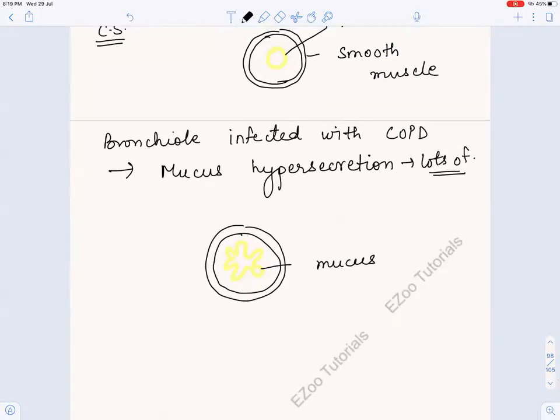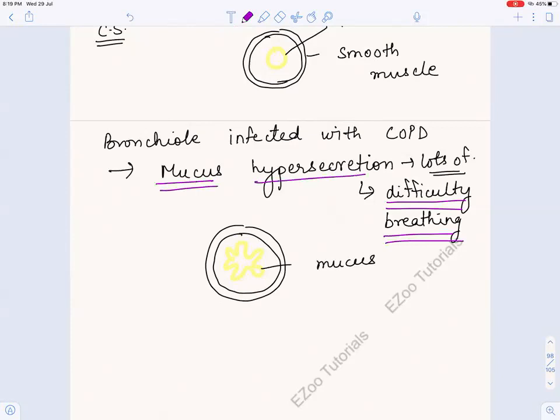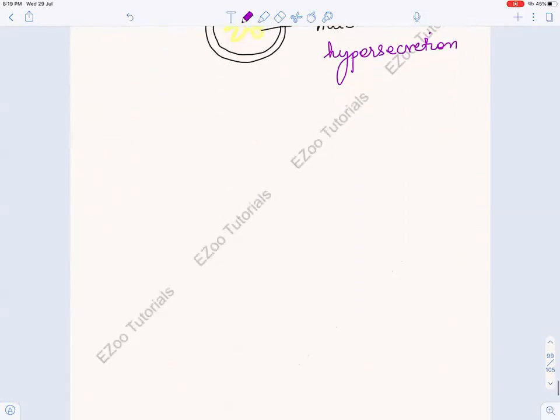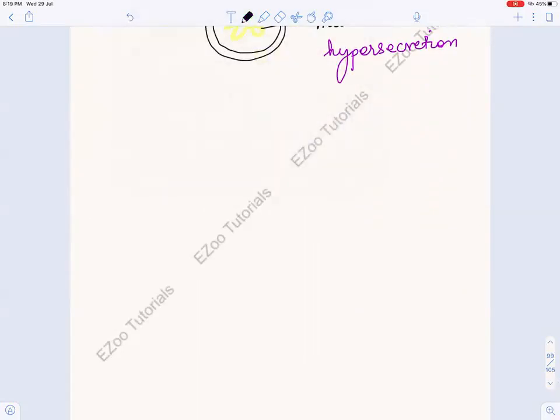Due to this mucus hypersecretion, the airways become limited and therefore there is difficulty in breathing. Can you see the difference? This is a healthy bronchiole and this is a bronchiole infected with COPD. I hope you have understood all these things.